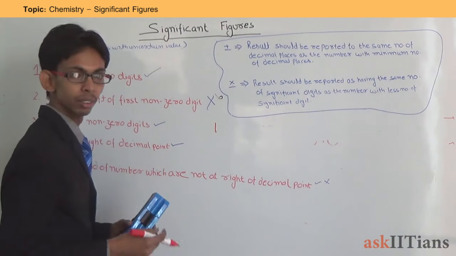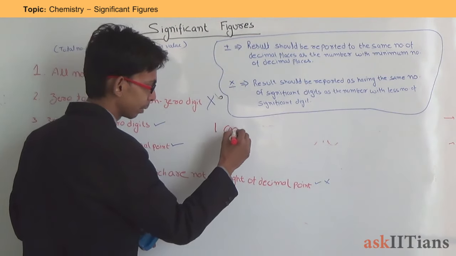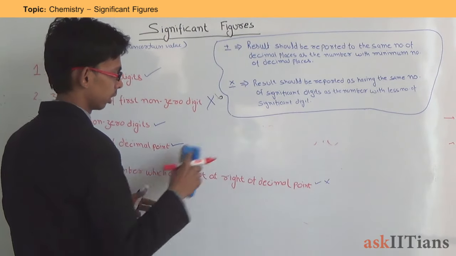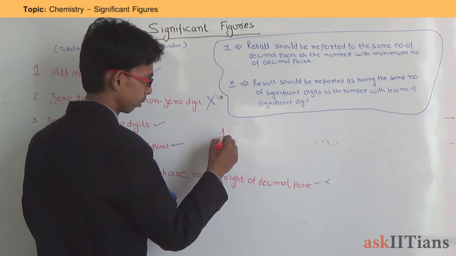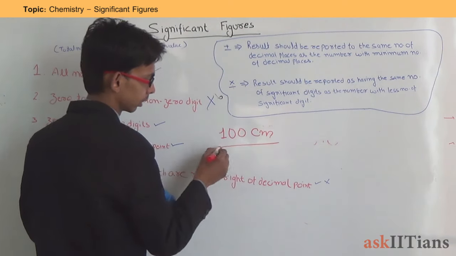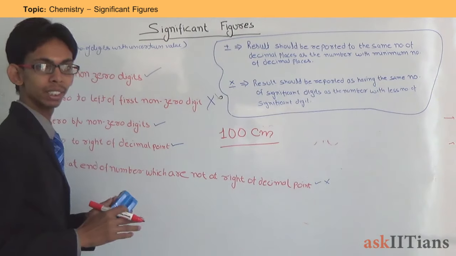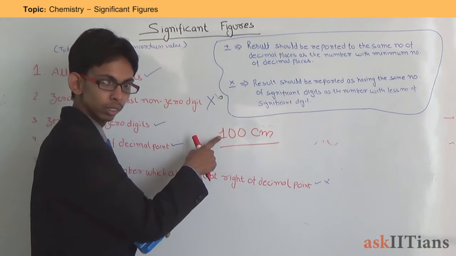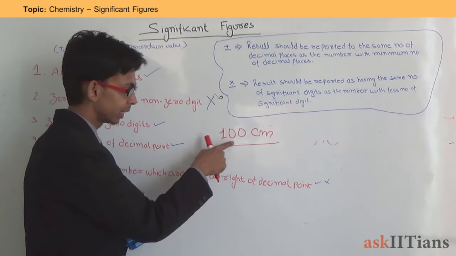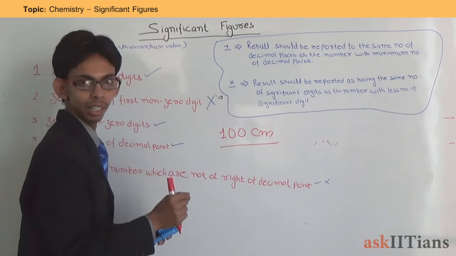If you are talking about a length of 100 centimeter, how many significant digits are there? 1 is a significant digit. Now what about these 0s? This is uncertain.